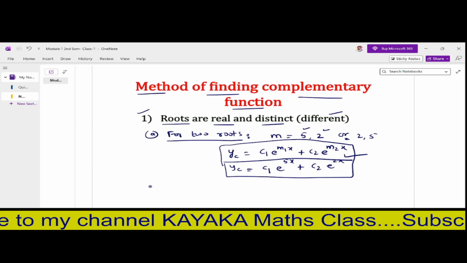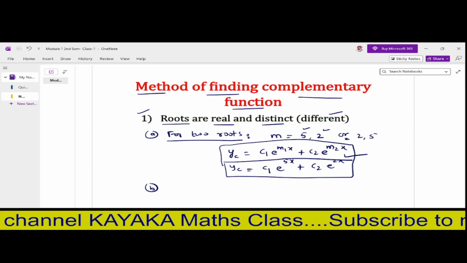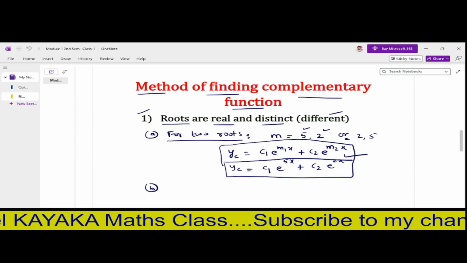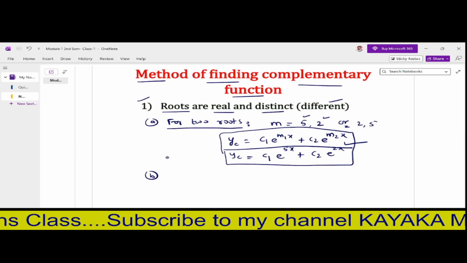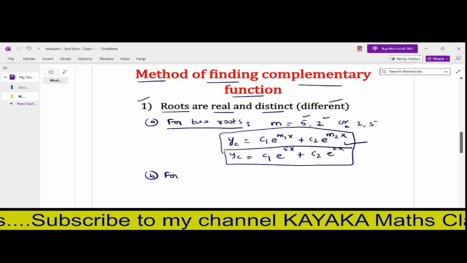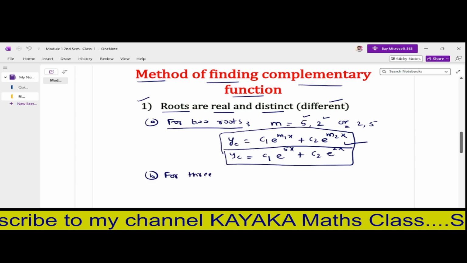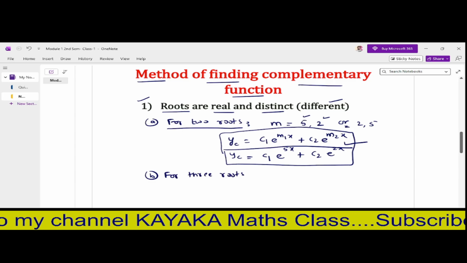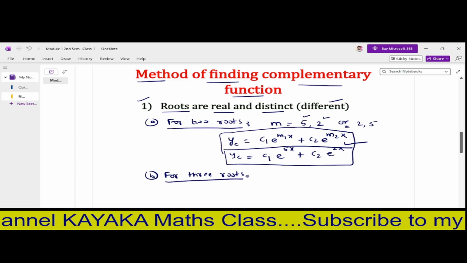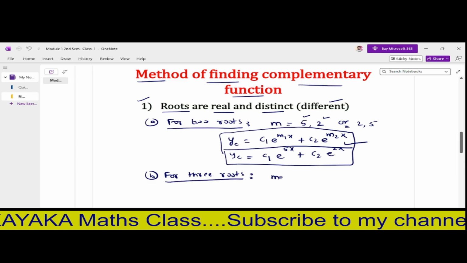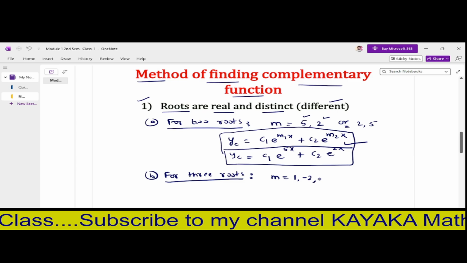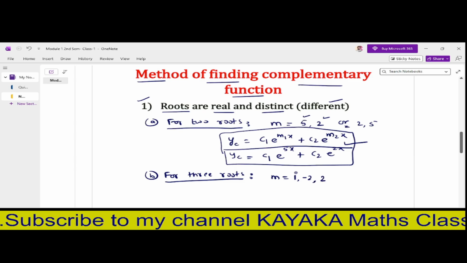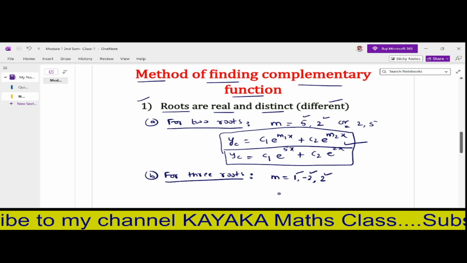Similarly, we have the case for three roots. Let us see how it can be obtained. If you simplify the given differential equation and obtain three roots, that is m equals 1, minus 2, 2, you can see all three roots are different from each other.